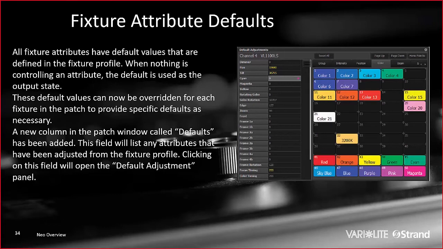So you want to tilt it up and create a different default for its position. There are tons and tons of applications for this, and it's a really helpful solution to make the beginning of programming for any cue much easier.